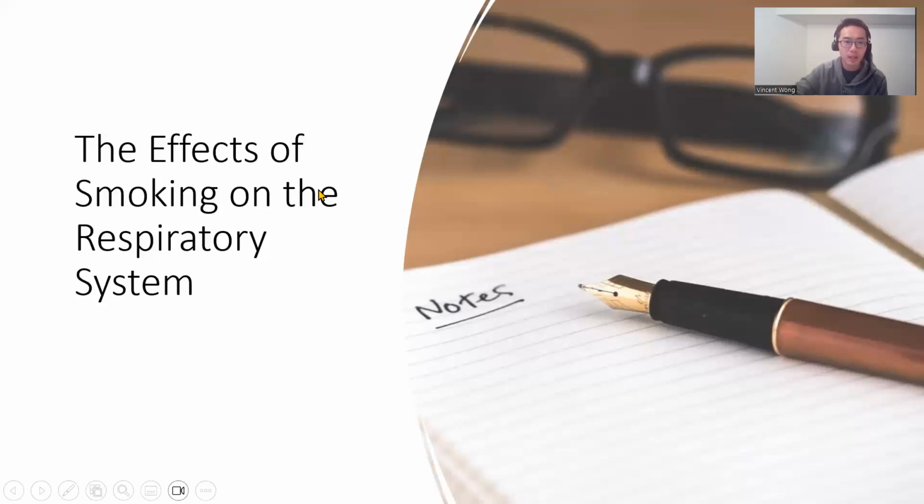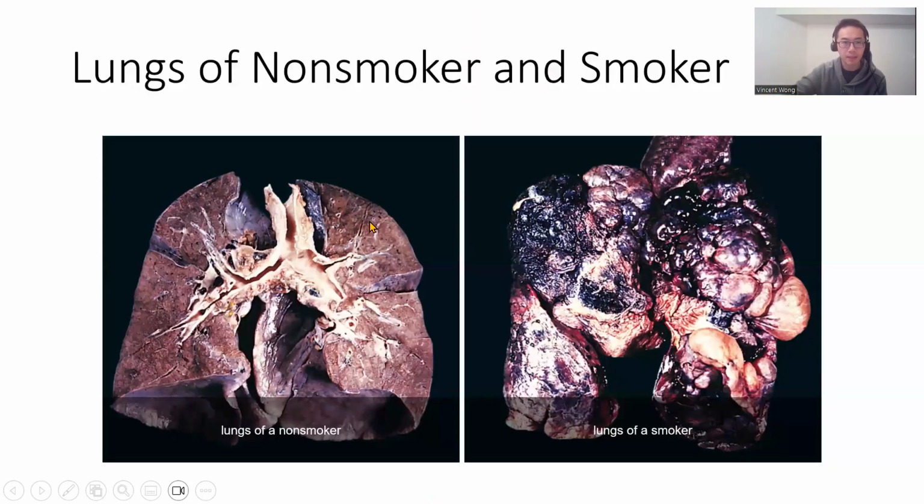Okay, effects of smoking on the respiratory system. I will just go through it with you. I'm not going to write the notes because we don't actually have time for that. But all the important stuff is on the slides anyways. So first of all, the cigarette has a lot of chemicals in it, right? And obviously these chemicals can build up over time in the lungs and cause mutations and irritations.